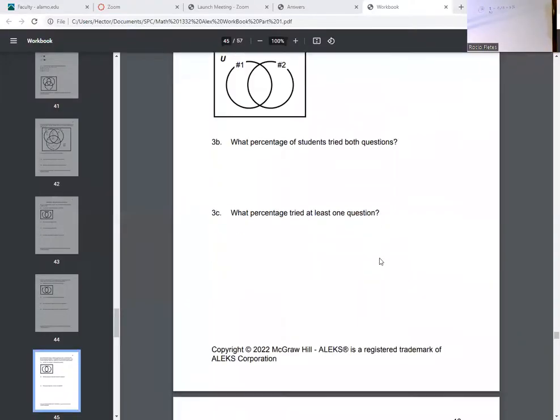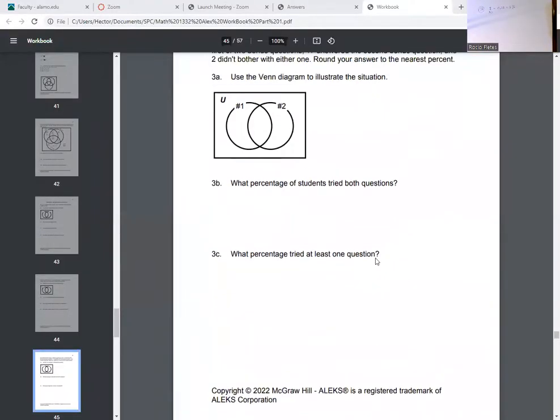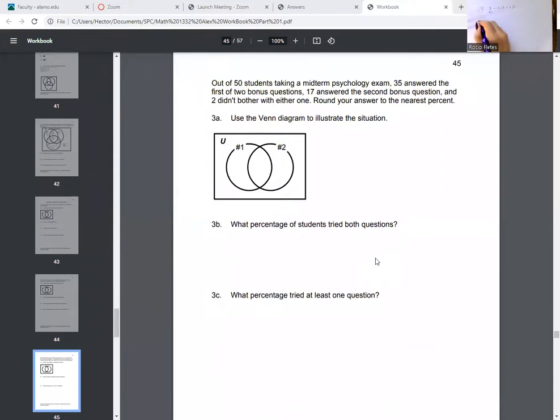And then 3C, what percentage tried at least one question? Okay, at least one question means that they tried one question. Either they tried one or both, right? So either they tried the first question, or they tried the second question, or they tried both questions.